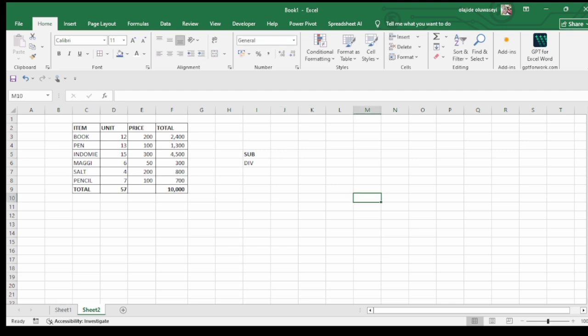So let me say we want to subtract, is equals to 10,000 minus maybe book. Why we have our 76? That is maybe the remaining cost. If you are asked, okay, what is the remaining cost, or what is the goods left in the shop?